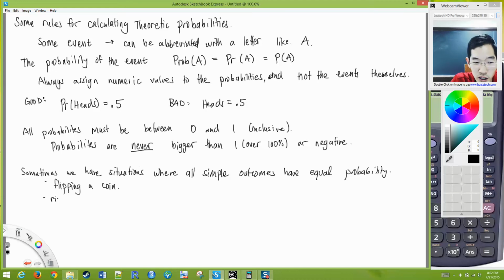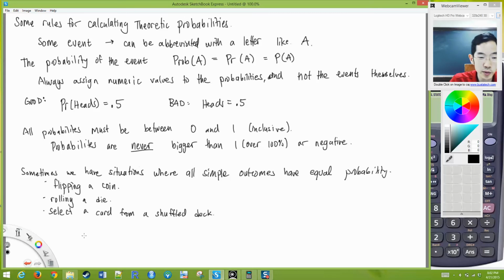Rolling a die, all sides have equal probability, or selecting a card from a shuffled deck. So all of these things should have equal probability, okay?